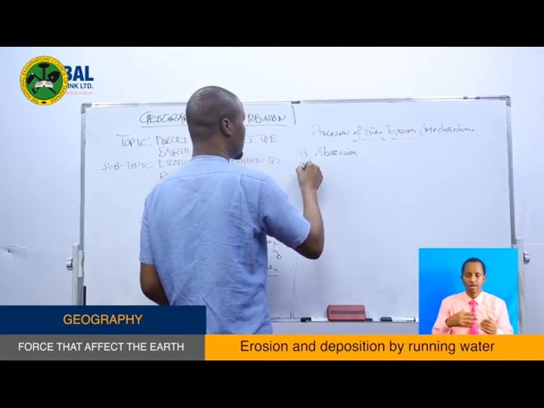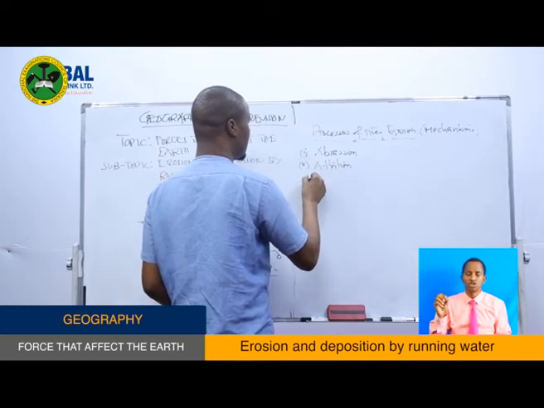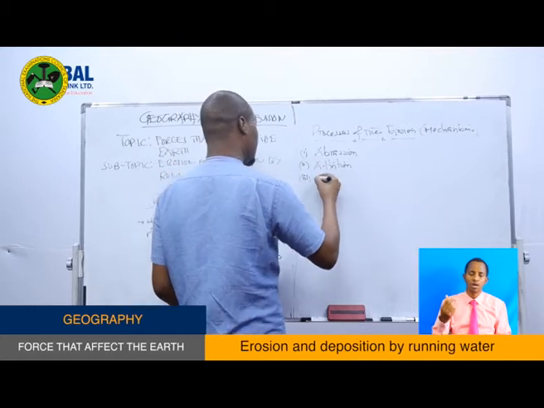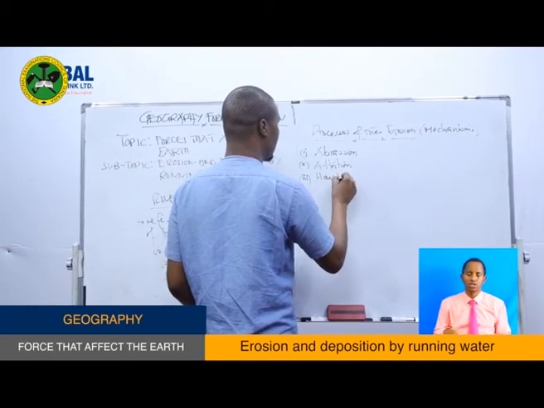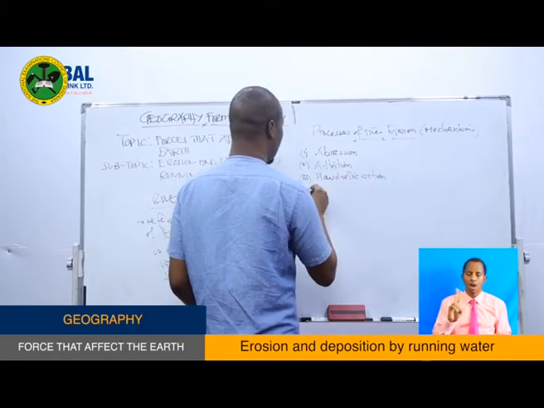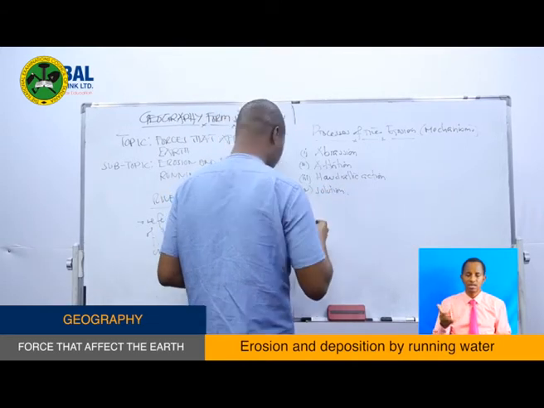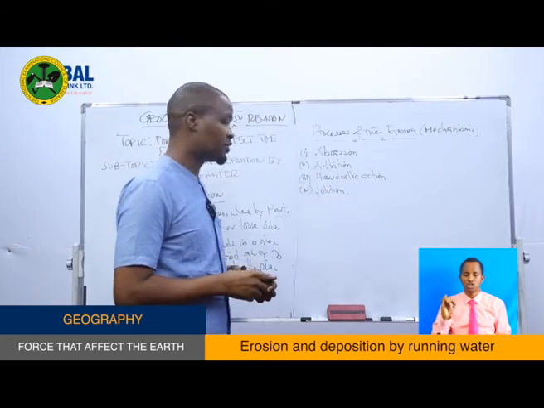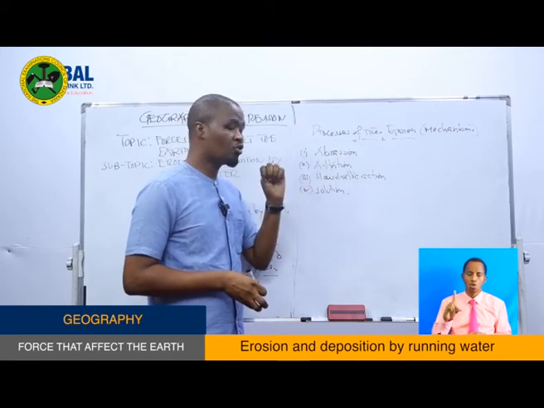The second one, attrition. Then we have hydraulic action. And the last one is solution. So how does the river erode? Through abrasion.